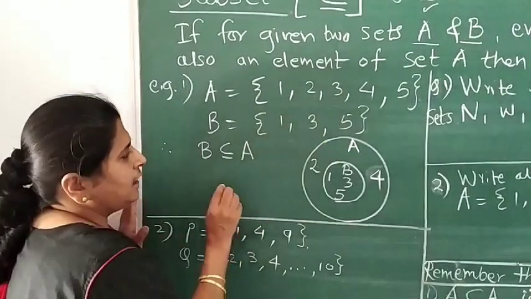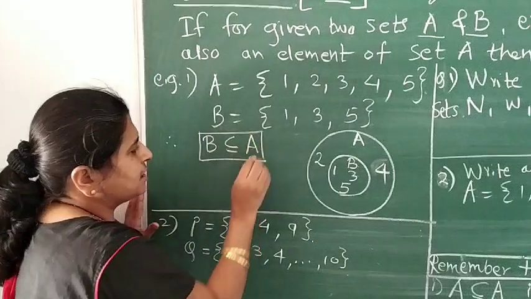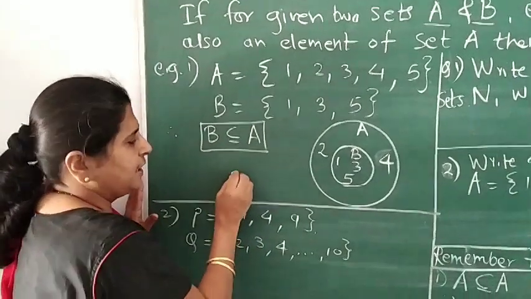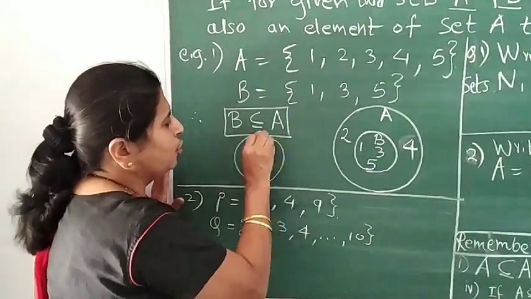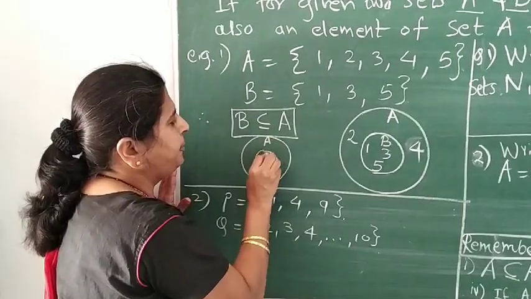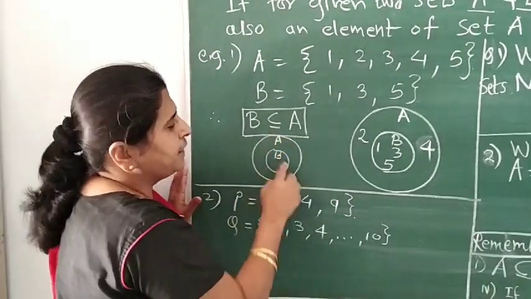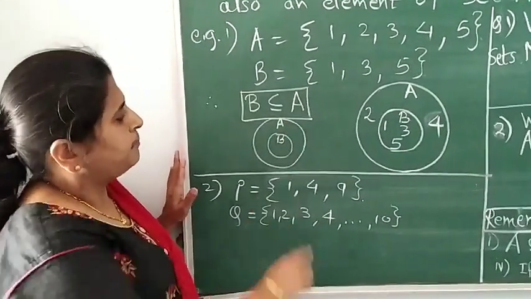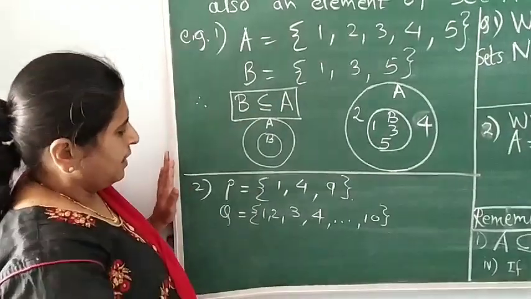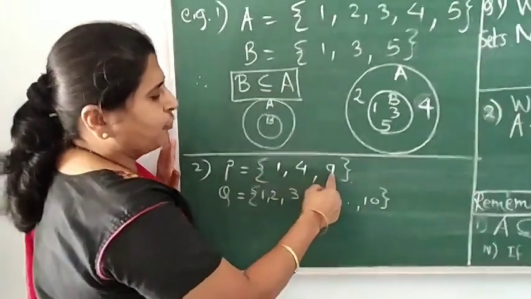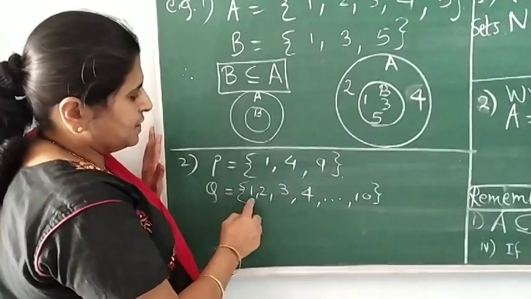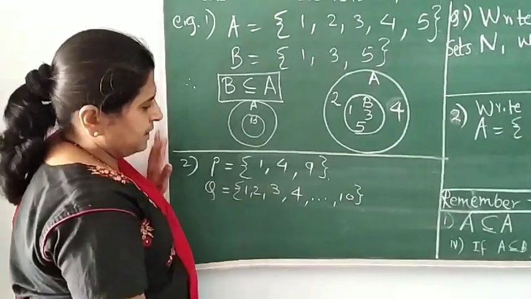If we don't have any elements, just this information, and we want to show this Venn diagram, we can draw 2 closed figures A and B. So this is the figure of A, B subset of A. Now if P has 1, 4, 9, these 3 elements, and Q has 1, 2, 10 and other elements.